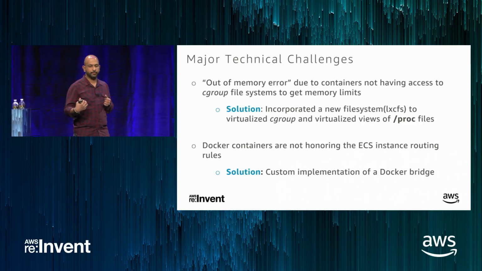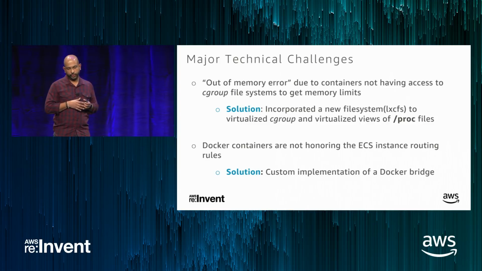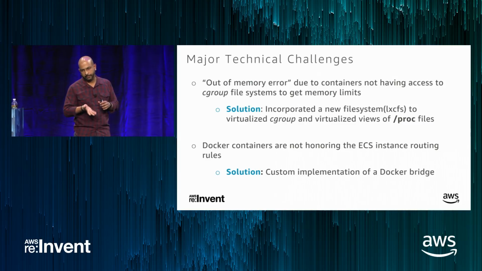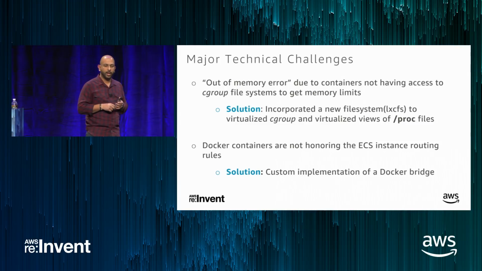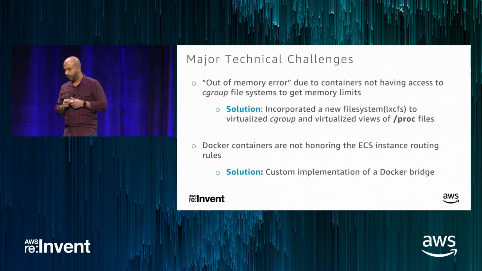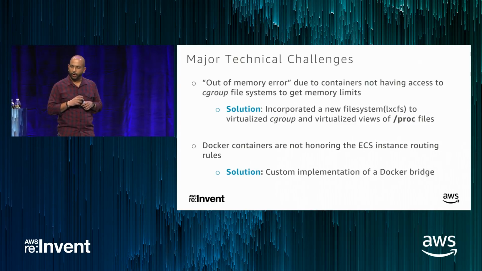But we had a different requirement from our security group to route all our container traffic through a different Elastic interface, a secondary interface that we have in our host. But the issue here was that the Docker bridge was not honoring that routing rule. It was always hardwired to the primary interface of the EC2.